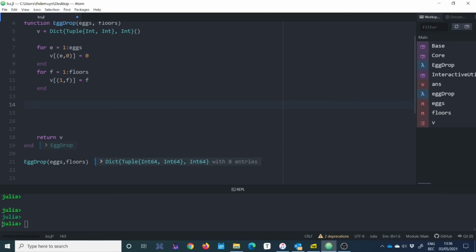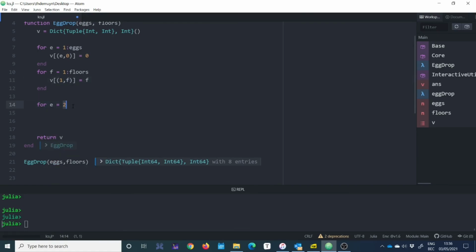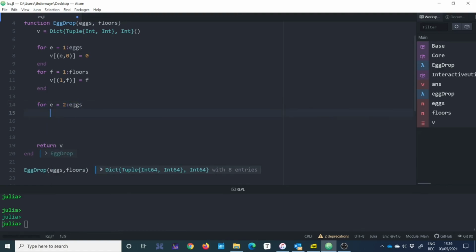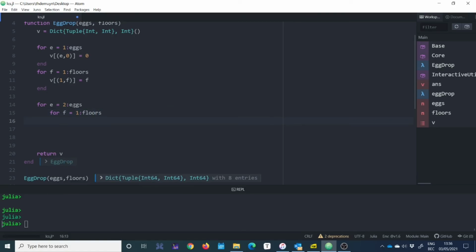So what I'm doing, I'm going to go row by row, right? So for e equal to 1, 2, because I already have the 1 egg case here. 2 eggs. For f 1 2 floors. Well, I'm going to see if I drop it from floor j.